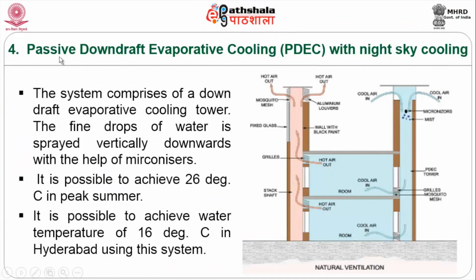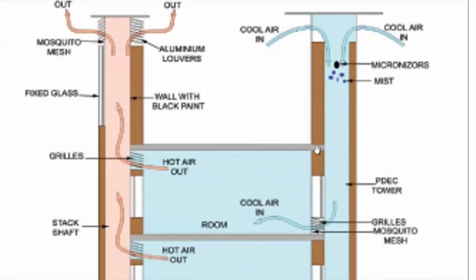Next is passive downdraft evaporative cooling with night sky cooling, PDEC. This system comprises a downdraft evaporative cooling tower. So, here you have two towers. The principle on which this acts is that because of differences in humidity, air movement can happen.